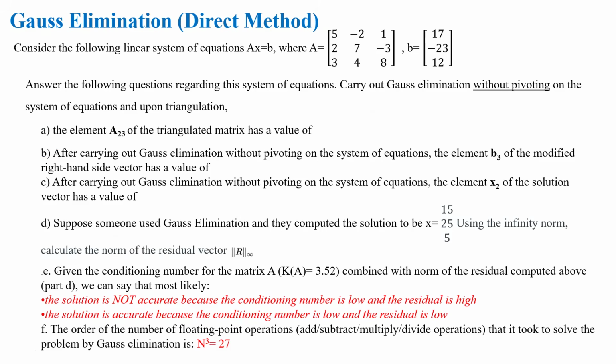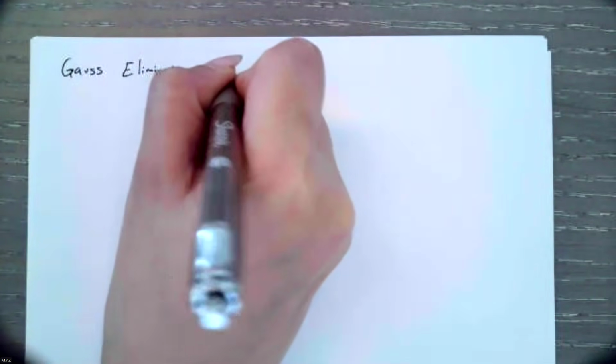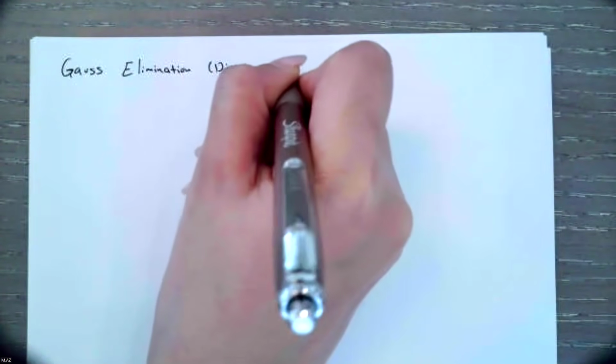Let's look at these examples. We have to solve these problems based on the Gauss elimination method as one of the direct methods. This is the matrix of the coefficients.